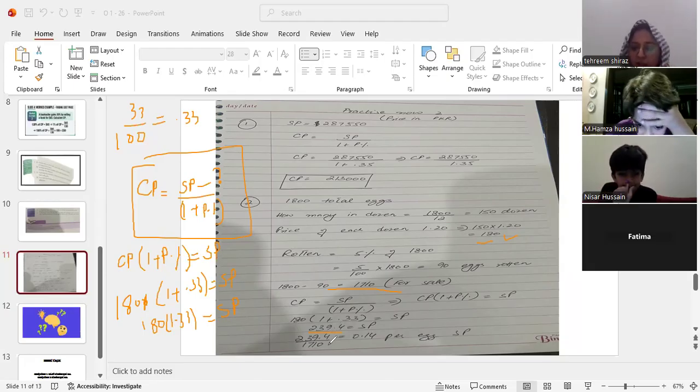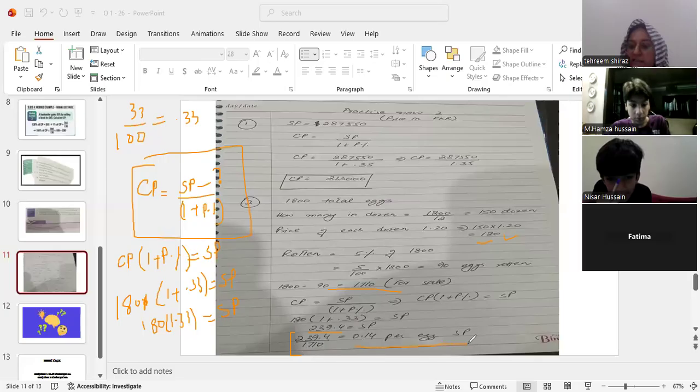So he actually sold 1710 eggs, right? So 239.4 divided by 1710. Why am I doing this? Because I need to calculate the sales price per egg. This is the sales price in total, but this is the sales price per egg.